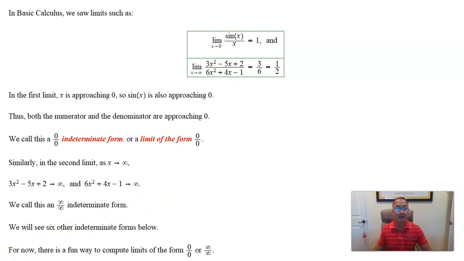L'Hopital's rule is a way by which we can compute these limits. In the first limit, sine x over x, that became 1 because of the squeeze theorem. In some cases, you don't have anything that powerful that helps you to compute a limit. So we're going to see L'Hopital's rule is a fun and powerful way to compute such indeterminate forms.